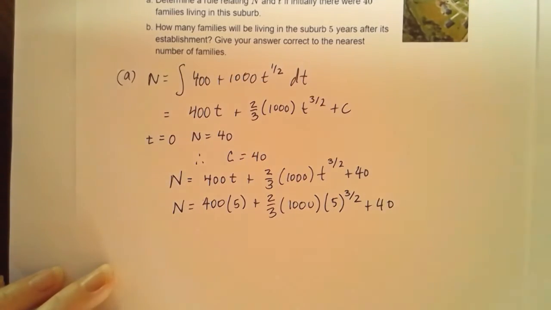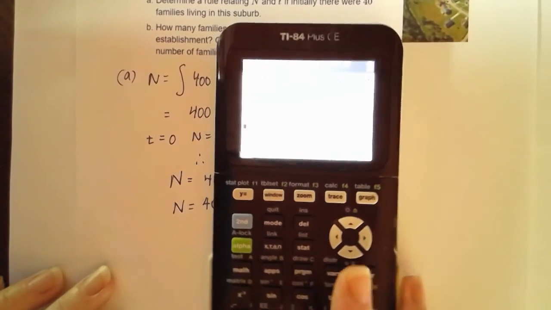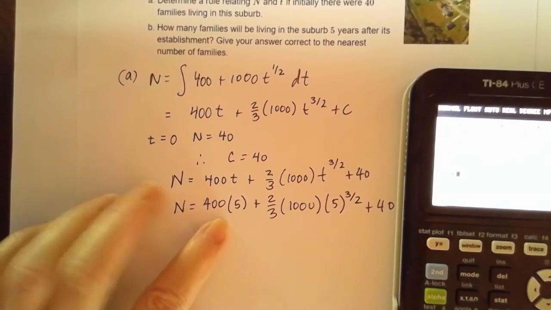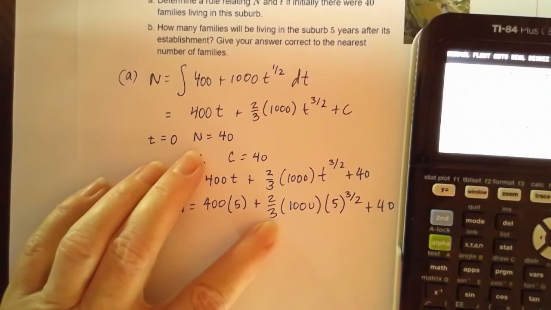That's how many families. So I'm going to grab my trusty calculator here. Hopefully you'll be able to see it. And I'm going to type in 400 times 5 plus 2/3 times 1,000 times 5 to the 3 divided by 2 in brackets, plus 40.